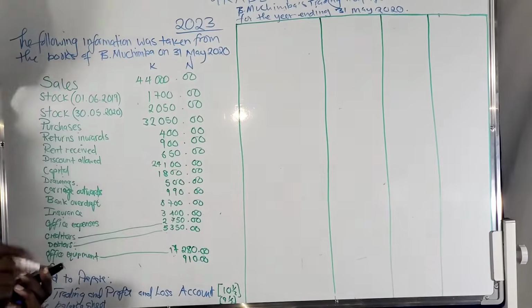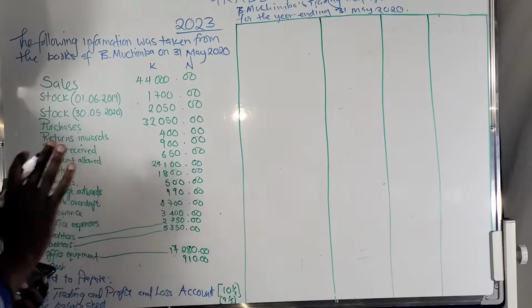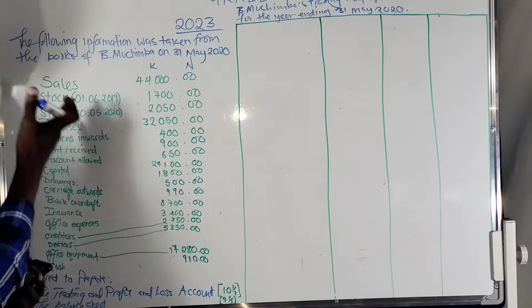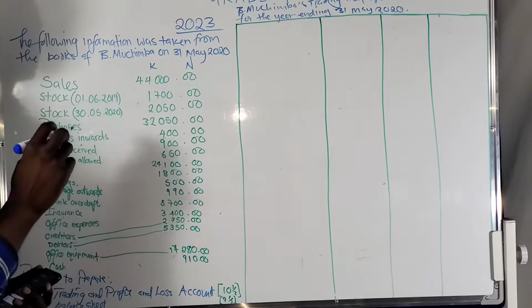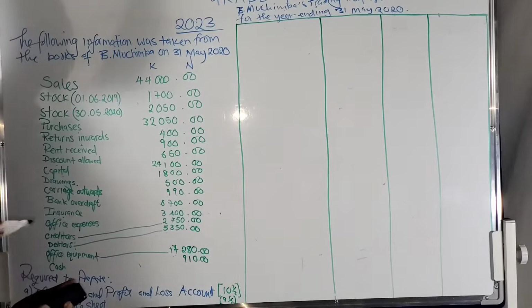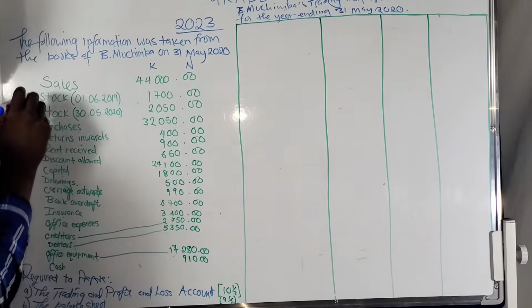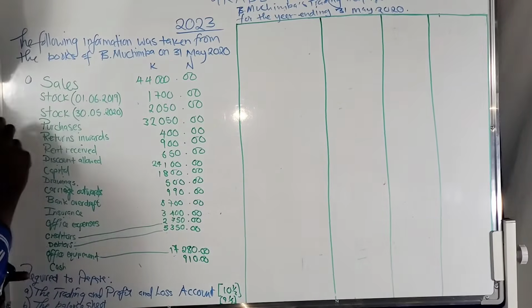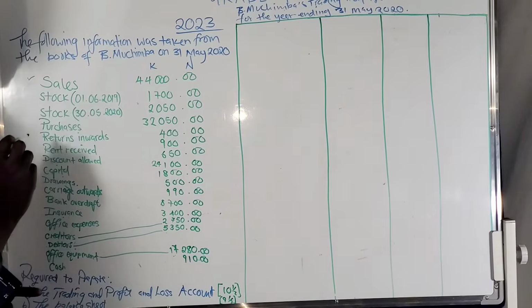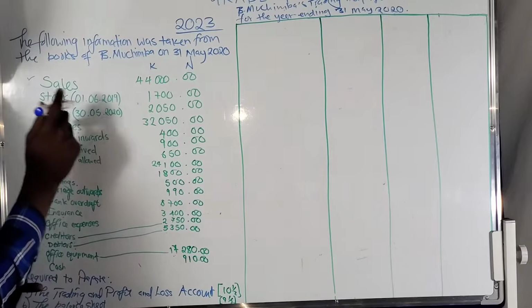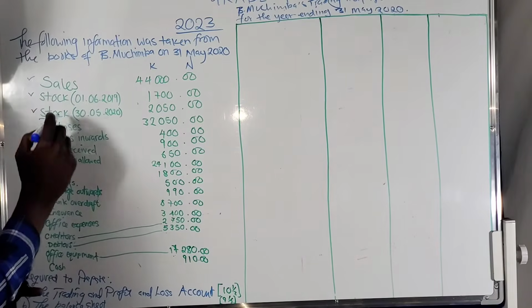Now, the trading account consists of items such as, before we go to the items, make sure to indicate the things that go to the trading account first to make things easier. Sales will go to the trading account. Okay, let me just tick. The opening and the closing stock will also go to the trading account.